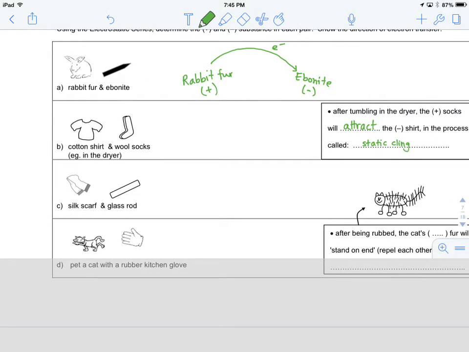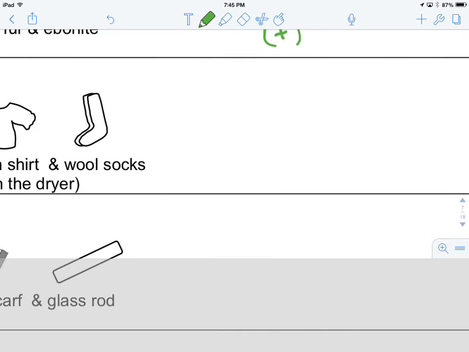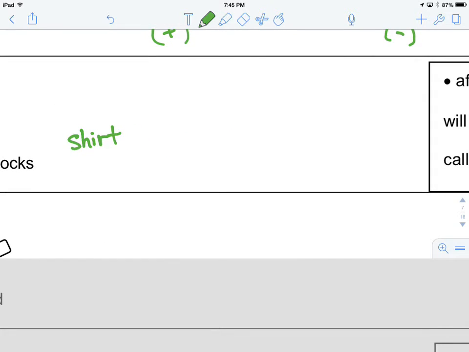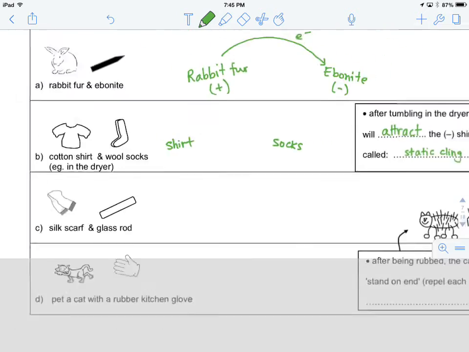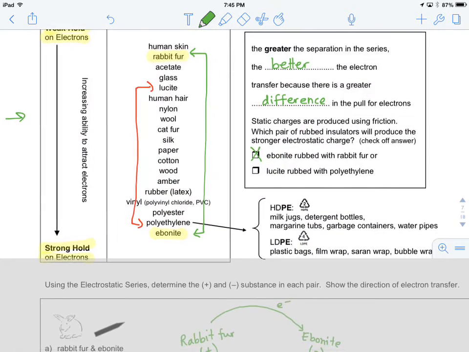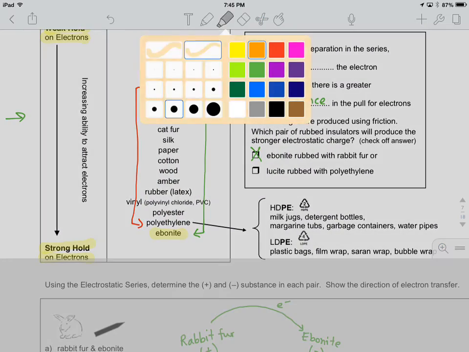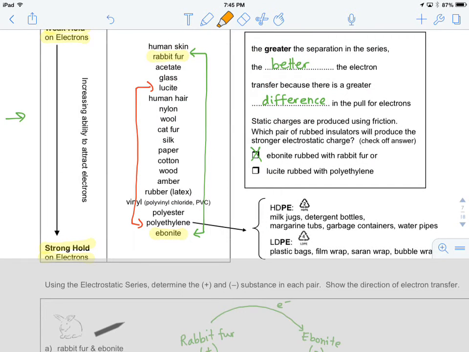All right, so here, let's do our example. We've got the cotton shirt over here, and we've got the wool socks over here. So let's go to our chart up here. We'll find cotton on the list. It's right here. And we'll find wool on the list, and it's right here.